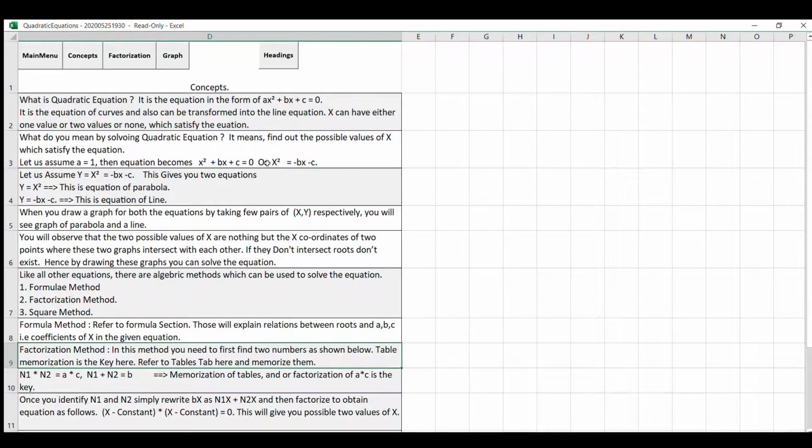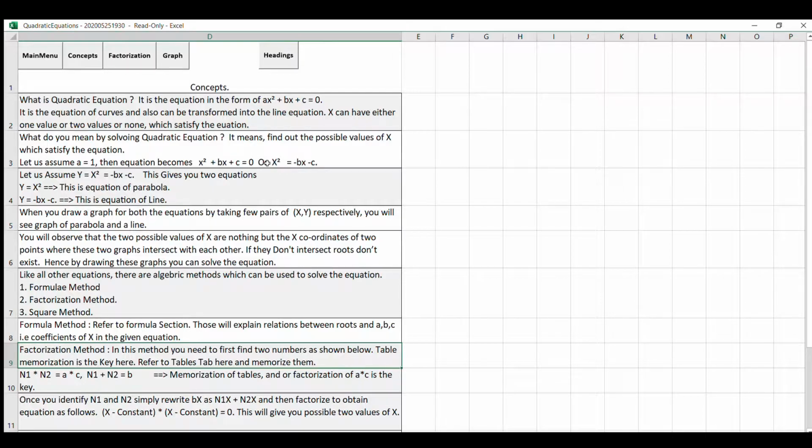Just to let you know, in quadratic equations there are only three possibilities. Possibility 1: you cannot find values of x, meaning these values do not exist or these numbers are imaginary. Possibility 2: you get only one possible value of x, a single number.